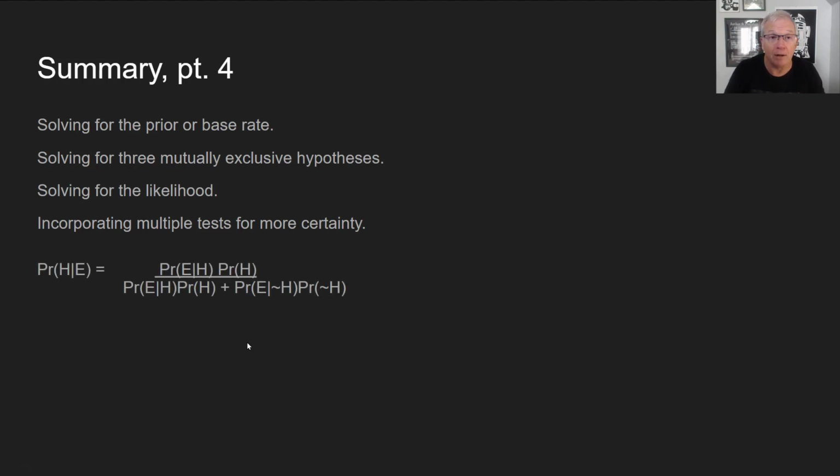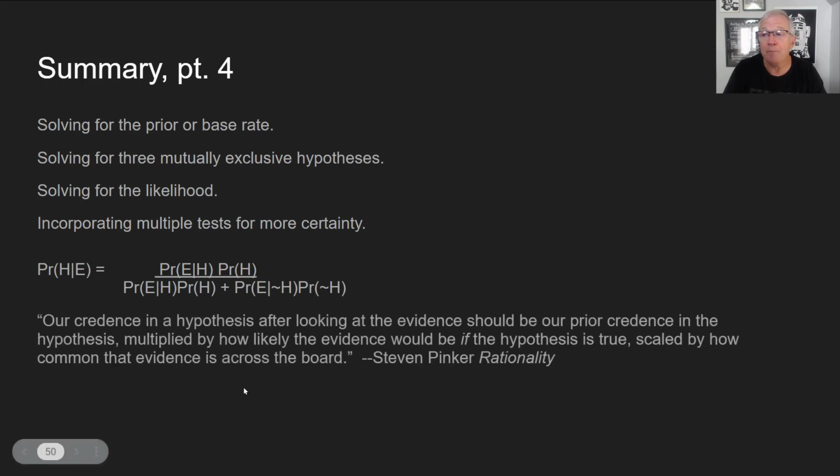So we've been primarily working with Bayes' theorem for 2 mutually exclusive hypotheses, and it's looked like this, and I've warned you that you need to memorize this and be able to reproduce this at will. And in the last lecture, I used this nice quote from Steven Pinker to explain it one more time in English. Here's what we've done.